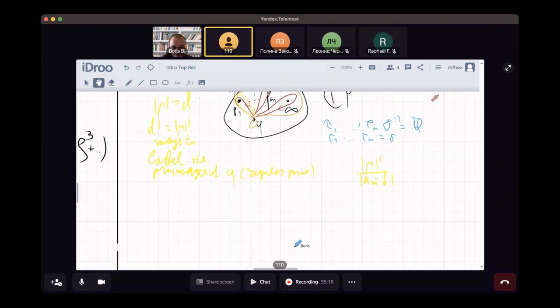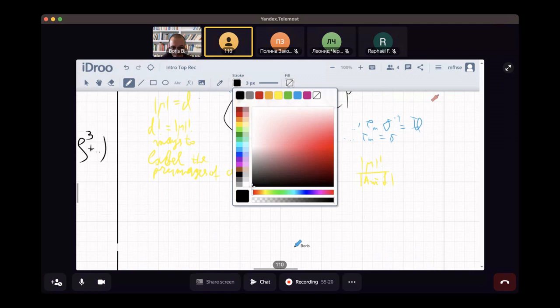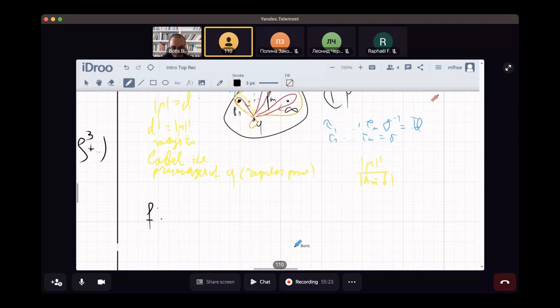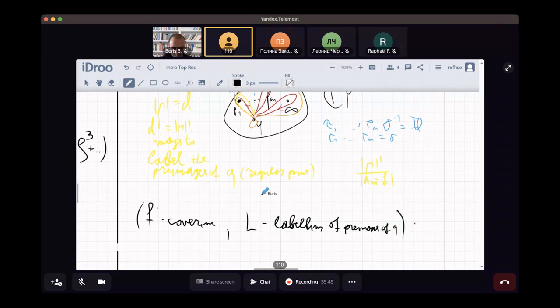Okay, let me write it precisely. A covering F, and then a way to label, a labeling L of preimages of Q, maps to tau 1 and so on up to tau n.